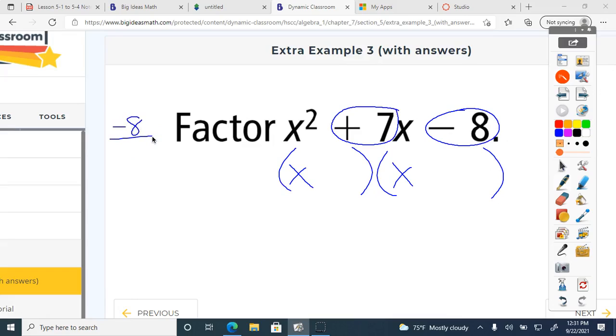Let's start here. 2 times 4, but we want what kind of 8? Negative. So one of those numbers has to be negative. I don't know which, so I'm just going to put negative 2 and 4, then positive 2 and negative 4. Don't matter. What else multiplies to be 8?